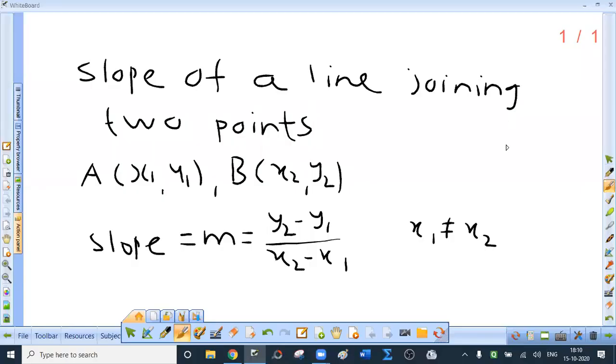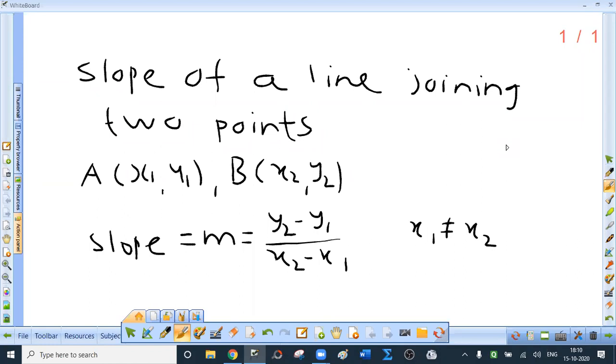Now we obtain the slope of a line passing through given points, two distinct points, because two distinct points determine a line. If I say that a line passes through x1, y1, find its slope. There are infinitely many lines which pass through x1, y1, right? Therefore, we should know 2 points on the line.